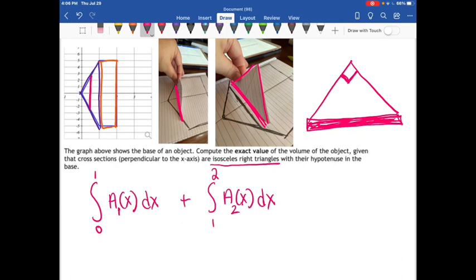So we need to determine what this triangle is. We need to find the height and the base so that we can find the area of the cross section to do our first interval. So this is our first cross section. I'm going to call this S and this S for sides. And because it says it's an isosceles right triangle, I know those sides are going to be the same. And then this is the hypotenuse down here that's going to touch the base on the graph.